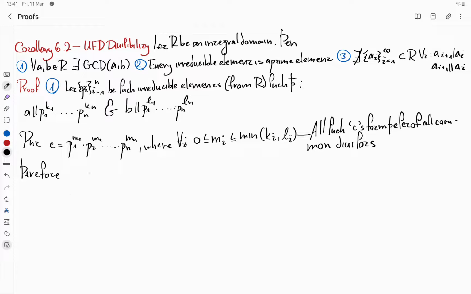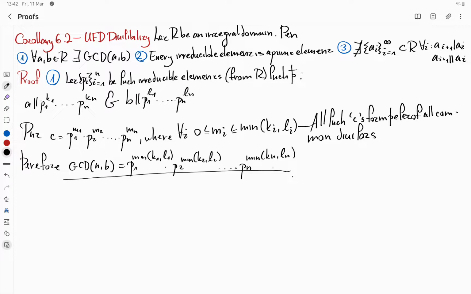And therefore we put the greatest common divisor of a and b equal to the greatest possible value for individual m_i's, that is, p1 to the power of the minimum of k1, l1, times p2 raised to the power of the minimum of k2, l2, all the way to pn raised to the power of the minimum of kn, ln.